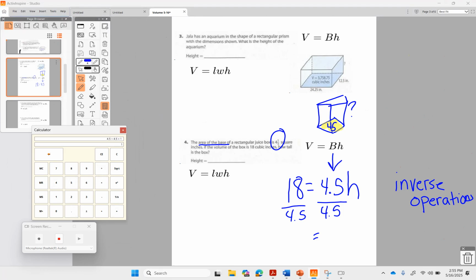And on the left-hand side, 18 divided by 4.5 is 4. The juice box is 4 inches tall. There's no power there. It's one dimension. If I measure the height of the box, it is 4 inches. Okay? Let's go on to the next one.